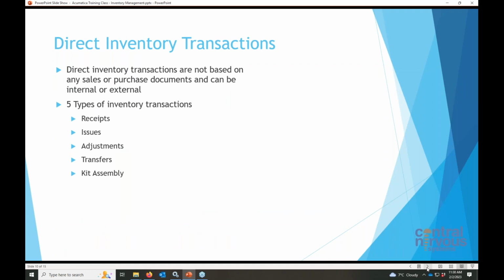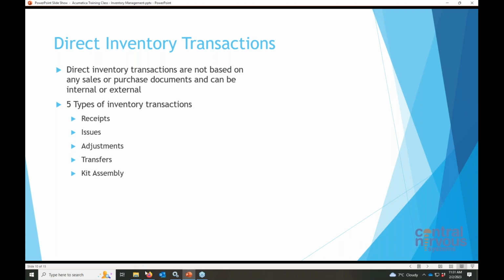And then our final one is kit assembly: building up product, putting 2 or 3 or 4 different types of stock items into a box, or taking 2 or 3 or 4 different types of items to create a new item, more in a manufacturing environment. So a bill of materials.